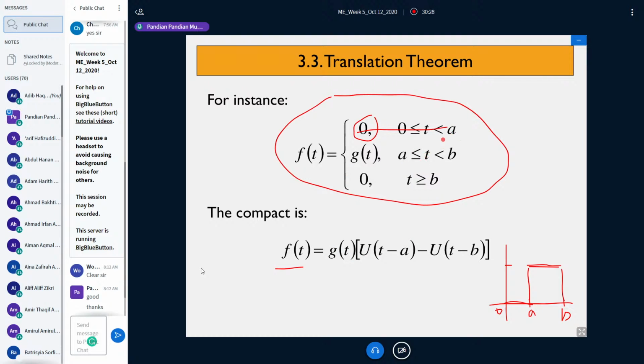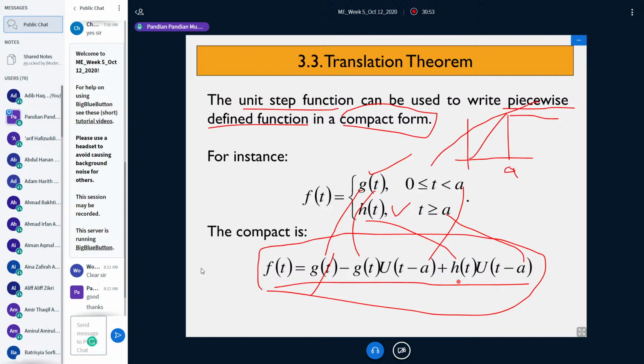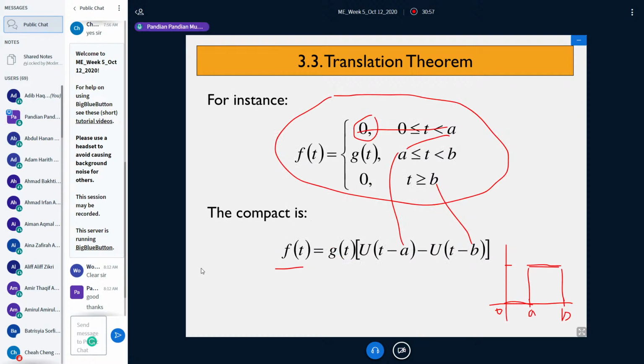So this a is the same, you put it here. And then this is plus, minus, because this is 0, so there is nothing here, minus u(t minus b). For t greater than b, there is no h(t) here, so we just leave it as a unit step.